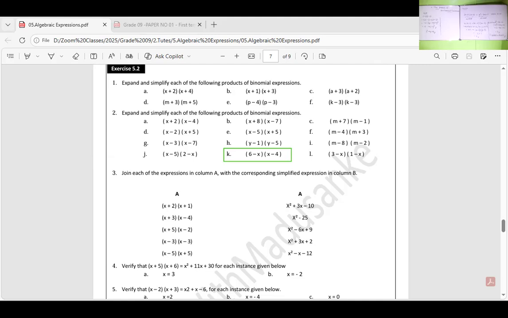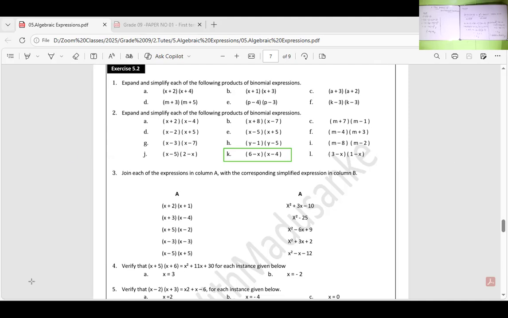Yes, yes, yes. Disney, this should be negative. And Rushenka, this should be negative x squared. And there should be negative x squared. The answer should be kept with negative x squared.